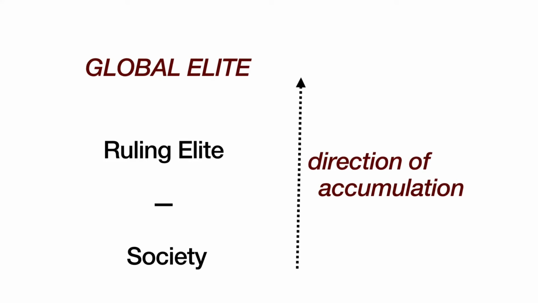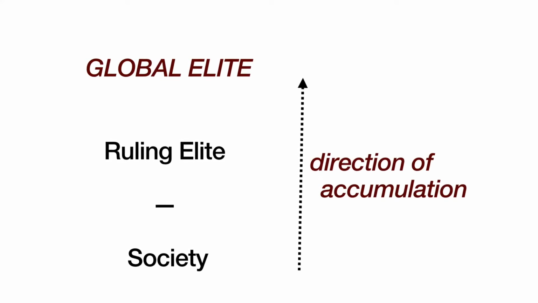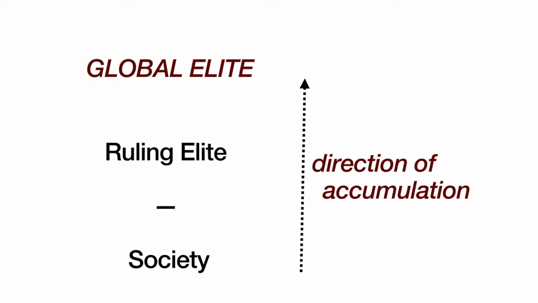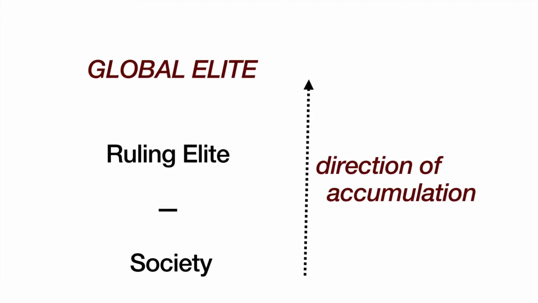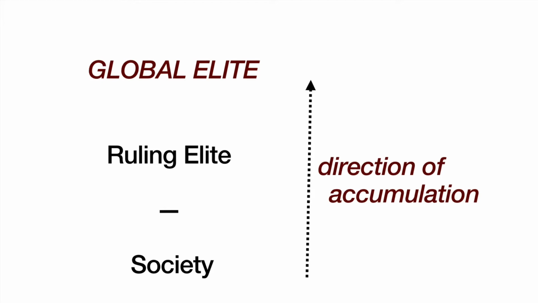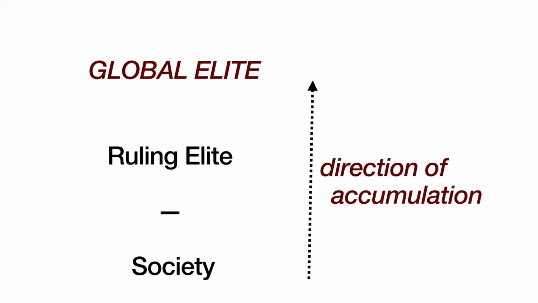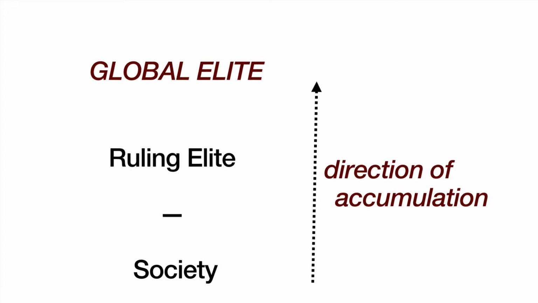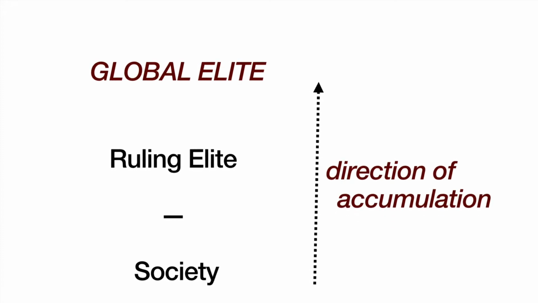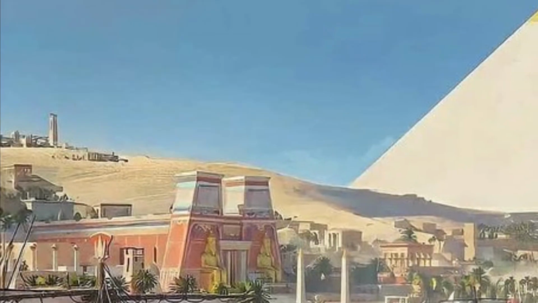And this world system allows the emergence of a global elite. So, an elite who is even more powerful than a civilizational scale elite. Because this elite is able to accumulate wealth not just from its own civilization, but through contacts with another civilization or another axial core. He's able to extract wealth globally.